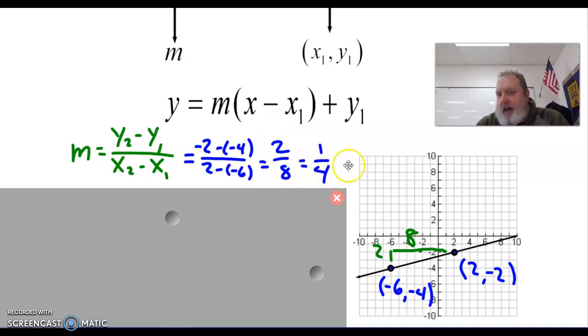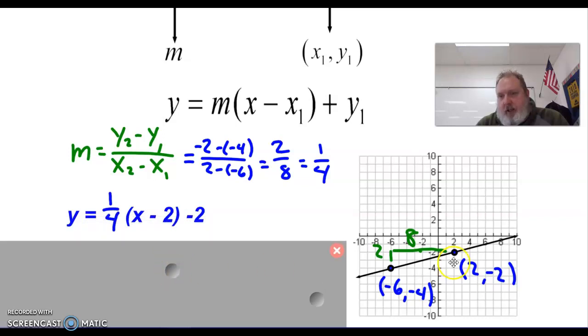So now we have a slope, we have our m value, and we have a point. You can either use this point right here, or you can use this point right there, your choice. So we actually get two potential answers here. The first one, if we use this point, it's our slope times x. So you see our slope is 1/4.